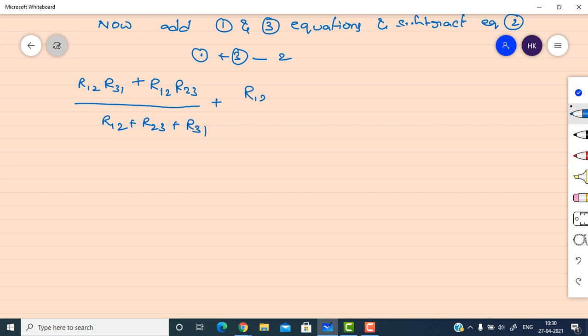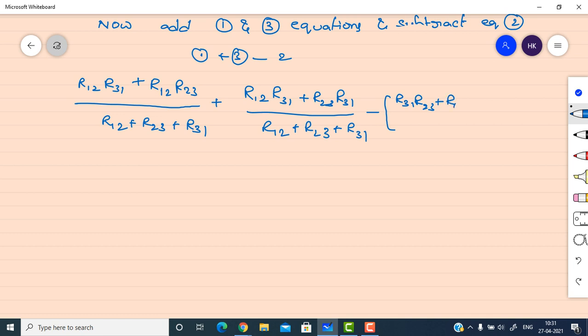Equation 3 is R12, R31 plus R23, R31 by R12 plus R23 plus R31, minus equation 2. Equation 2 is R31, R23 plus R12, R23 by the sum of the resistances R12 plus R23 plus R31.